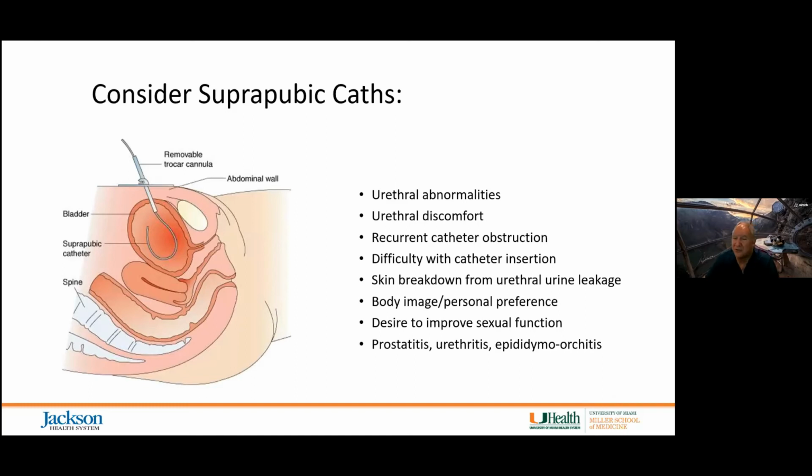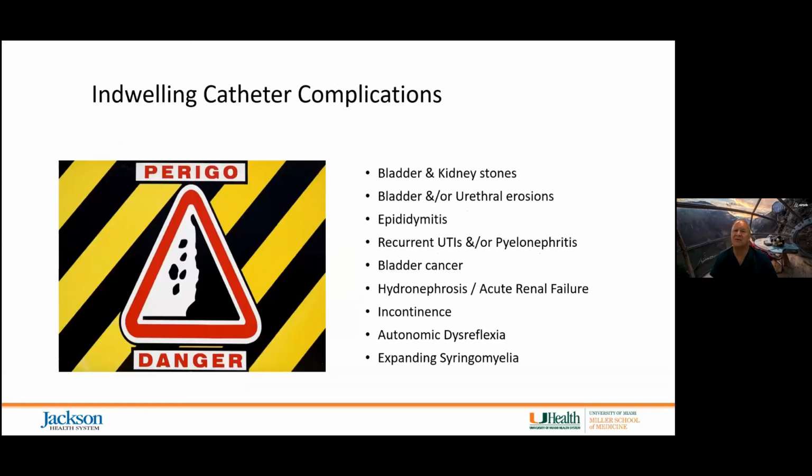This is for those folks who need an indwelling catheter but have had problems with urethral indwelling catheters, either because of discomfort or abnormalities, skin breakdown, prostatitis that is recurring, urethritis, etc. So these are all indications for a suprapubic catheter.